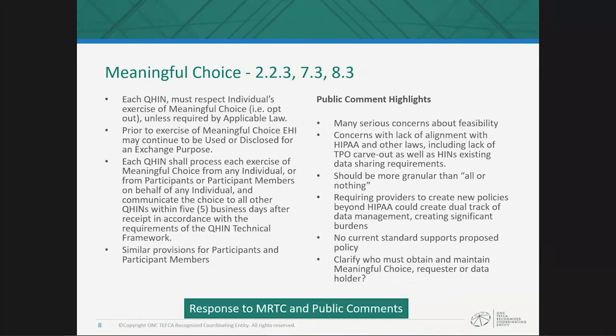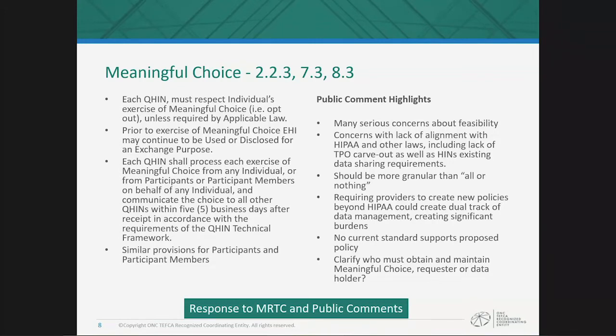Most notably, there was mention that HIPAA already addresses a basis for supporting meaningful choice. If you don't align with HIPAA and include things like a carve out for TPO, et cetera, there could be issues with having to revise existing HIN agreements, since this would be a different standard in some instances.